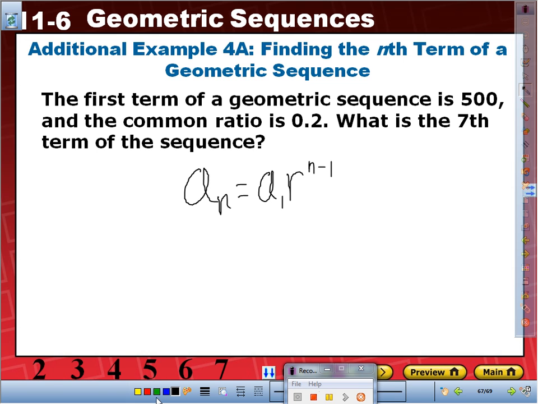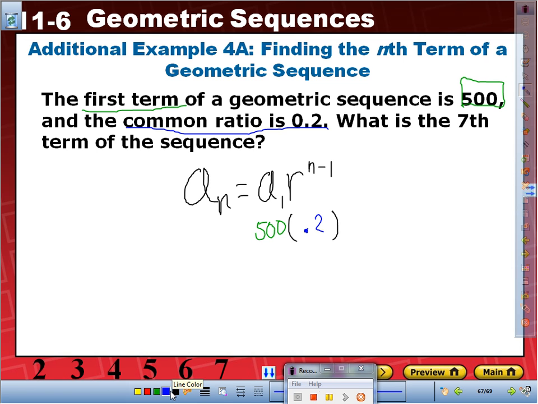Okay, so let's see. What's our first term? Do they give us the first term? First term of the sequence is 500. So instead of a sub 1, we're going to write 500, times, because that's what the r next to it means, times. What is our common ratio? 0.2.